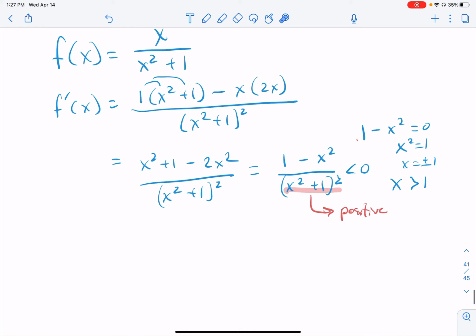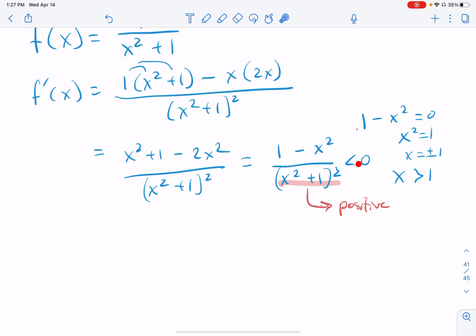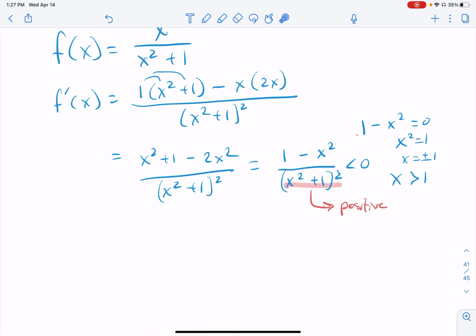But if I stick in anything that is bigger than 1, if I stick in a 2, then this is 1 minus 4, which is going to be a negative number over a positive number. It's going to be negative. So I can establish that our derivative is less than 0 for x greater than 1, which means that the function is decreasing.